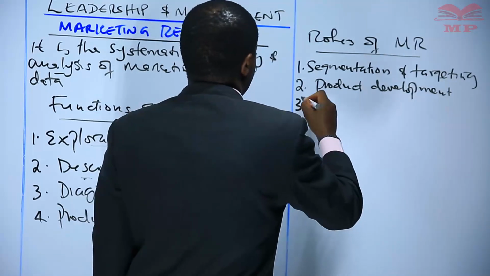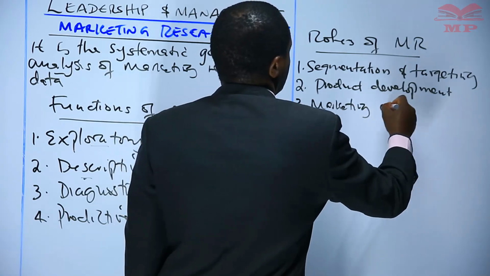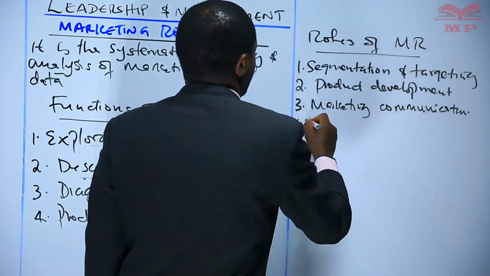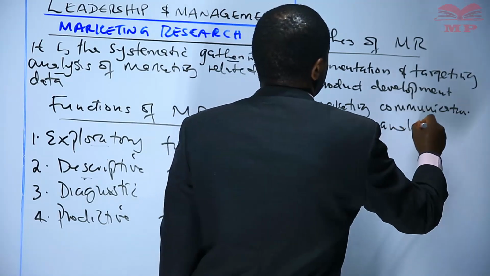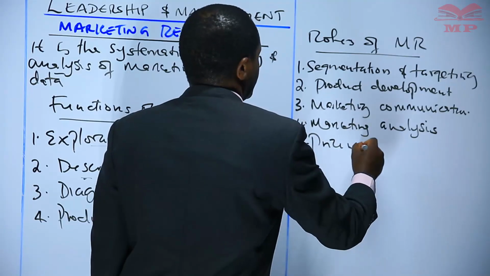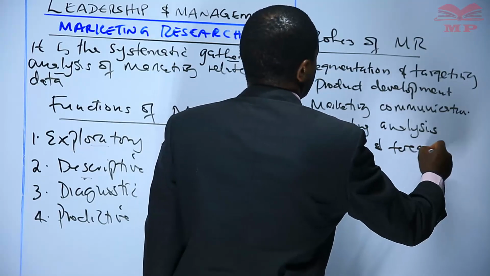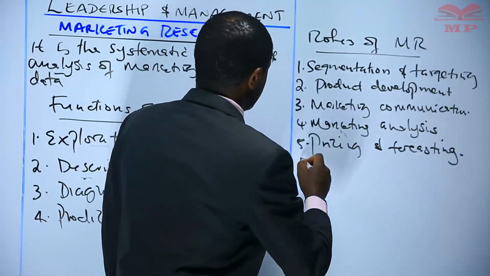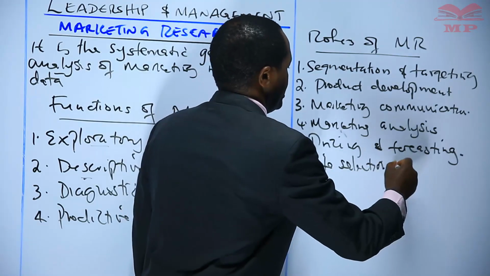Number 3, marketing communication. Number 4, marketing analysis. Number 5, pricing and forecasting. Then lastly, site selection and distribution.